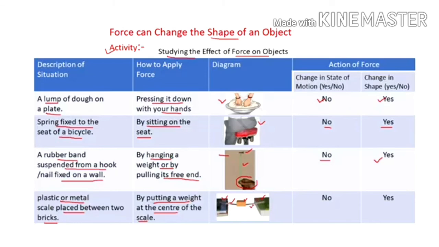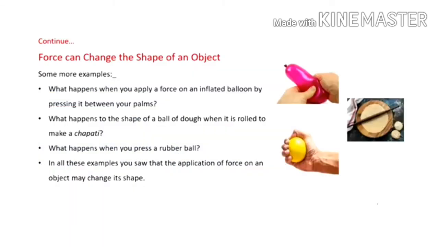The shape gets changed. Is it fine with you? So you can have different activities from your daily life and see whether there are changes in shape or in state of motion. Here are some more examples in which you can detect whether there is a change or not in state of motion or shape.